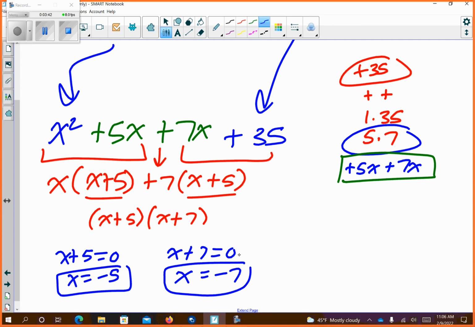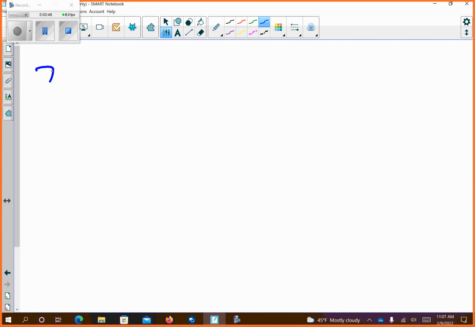Which one did you say? 7. All right. Problem number 7 says f of x is equal to what? Why is it 3? 3 is the highest exponent. Yeah. I think that's what you're trying to say.